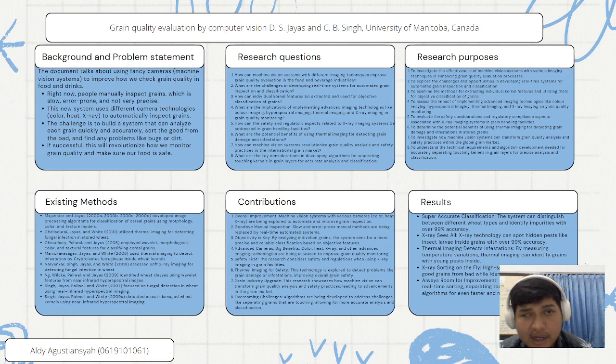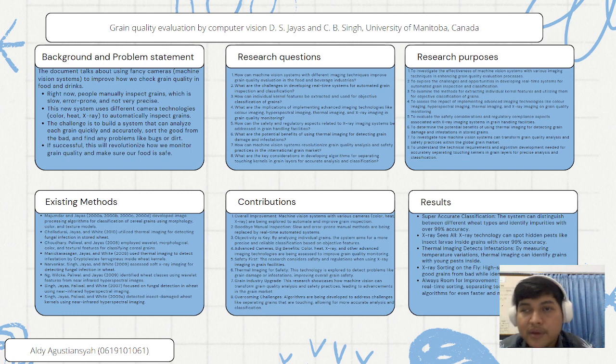One, how can machine vision systems with different imaging techniques improve grain quality evaluation in the food and beverage industry? Two, what are the challenges in developing a real-time system for automated grain inspection and classification? Three, how can individual kernel features be extracted and used for objective classification of grains?